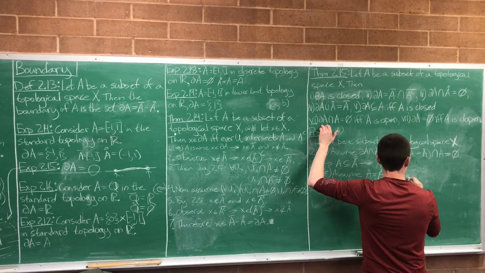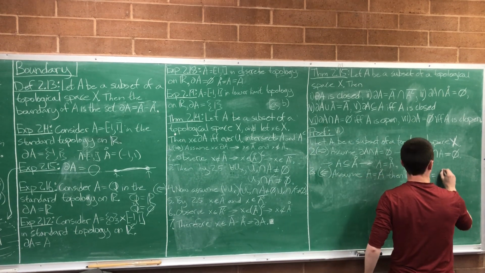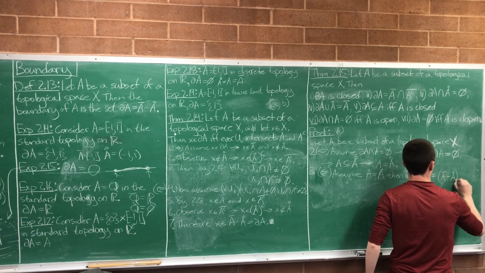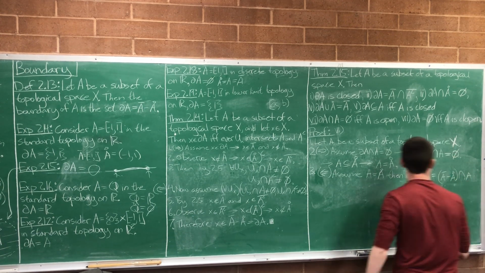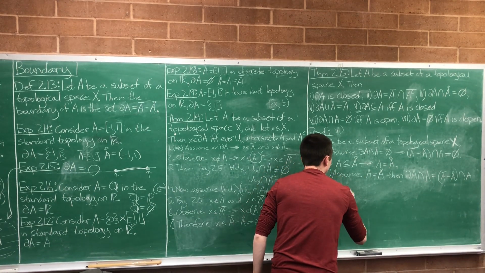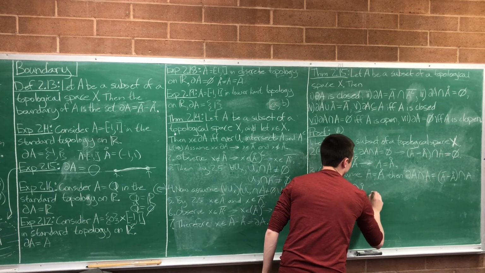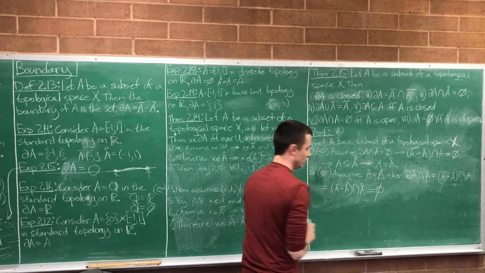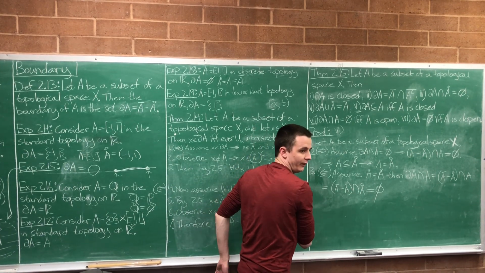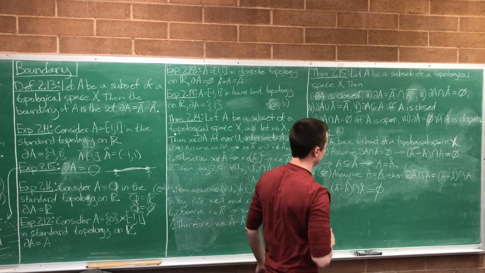Delta A intersect A is equal to A closure minus A interior intersect A, which is equal to A closure minus A interior intersect A interior, which is obviously empty. The set of everything that's in here, not in here, and in here is empty. Yeah. Because there's an obvious contradiction.